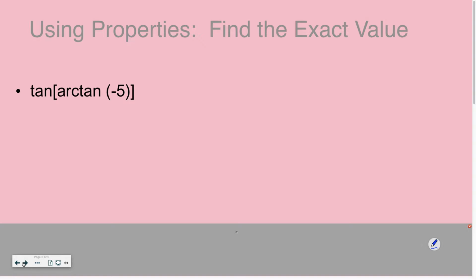If tangent and arctangent, these are no calculator things. If these are going to cancel out, we have to make sure that this number is real, right? Anything can be plugged into arctangent. Anything can be an output for tangent. So this is a case where these cancel out and our answer is negative 5.